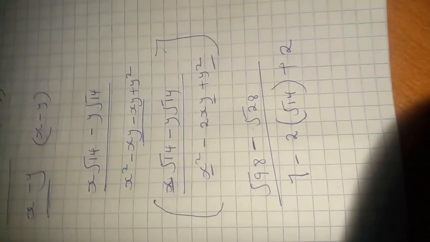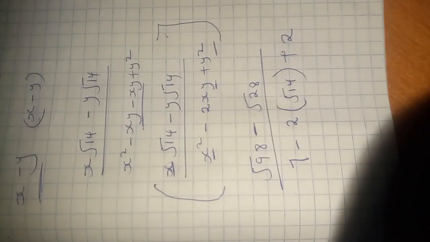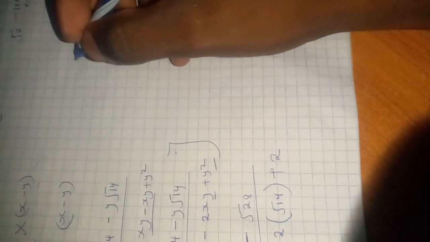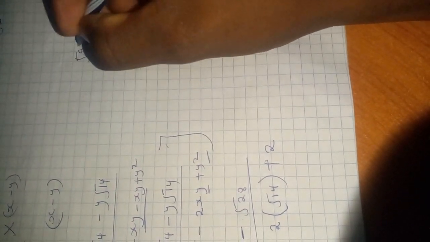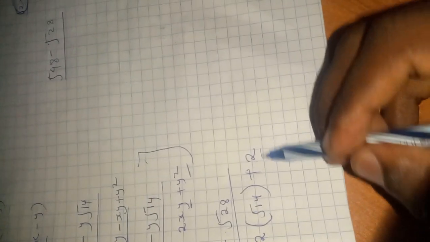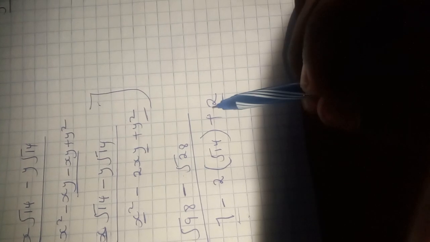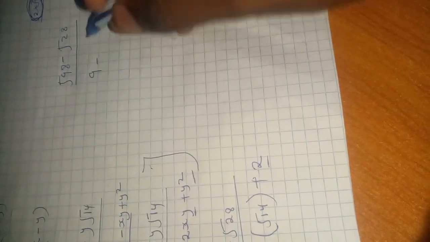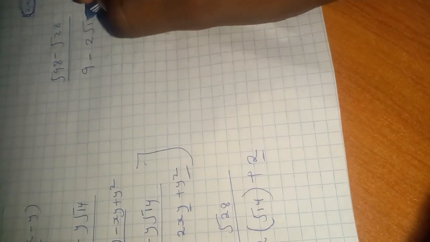So it will be root of 98 minus root of 28 divided by, collecting like terms, 7 and 2 will be 9, so 9 minus 2 root of 14.